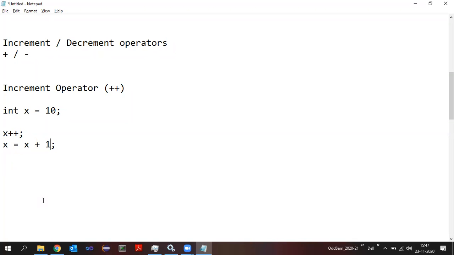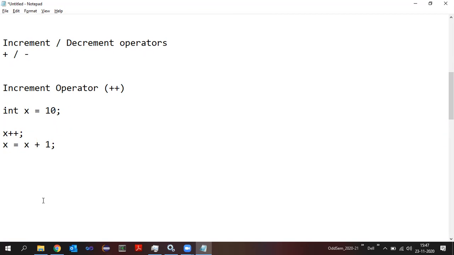We are incrementing the value of x by how much? By 1. The increment operator basically adds 1 to its variable's value. If it is 10, it will be made 11.